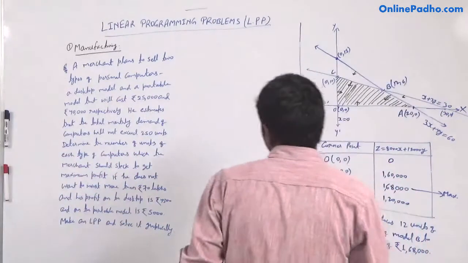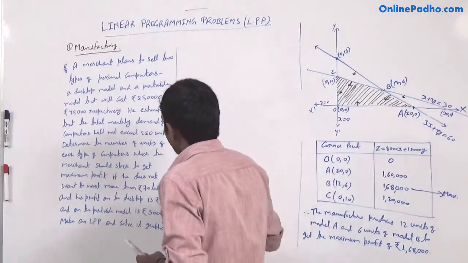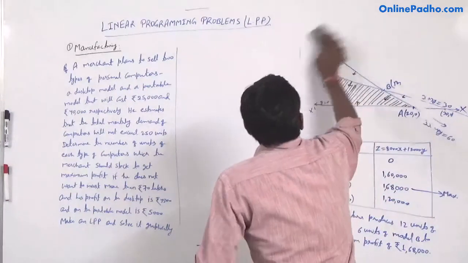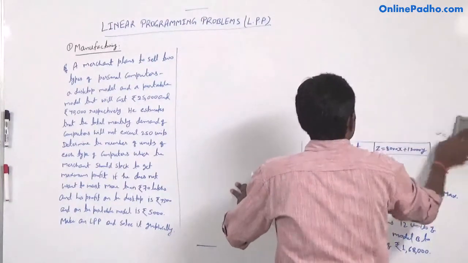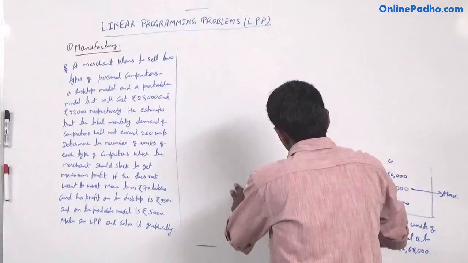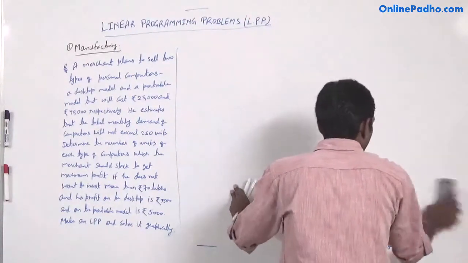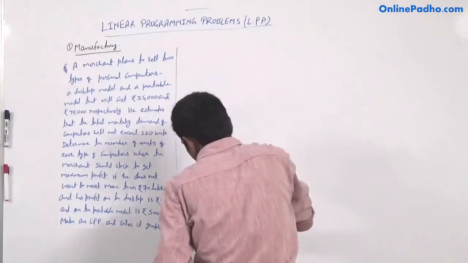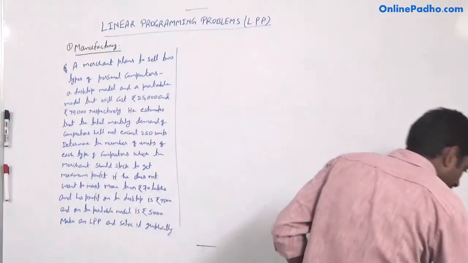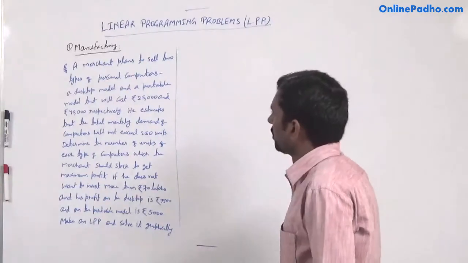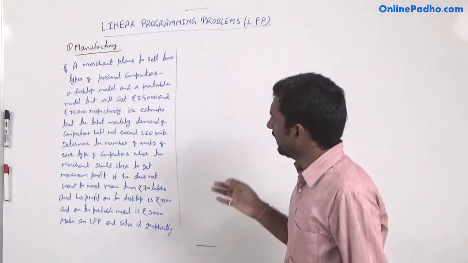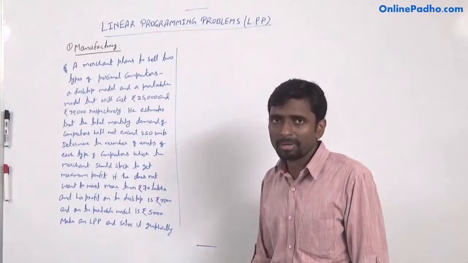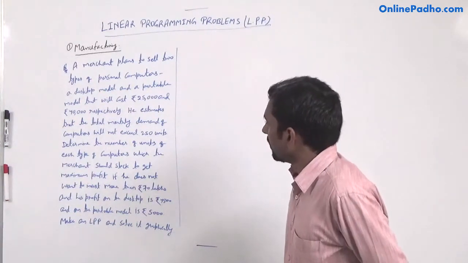This question was already asked in the 2011 board examination. A merchant has to sell two types of computer model. First one is desktop and second one is laptop. The cost of each desktop model is 25,000 and the portable laptop model is 40,000.